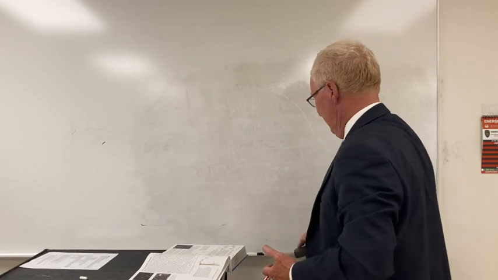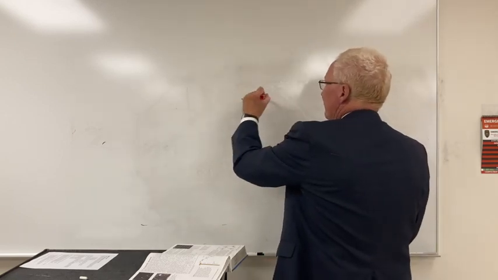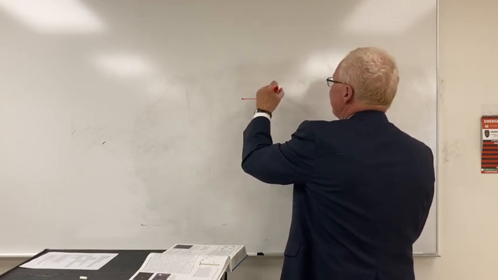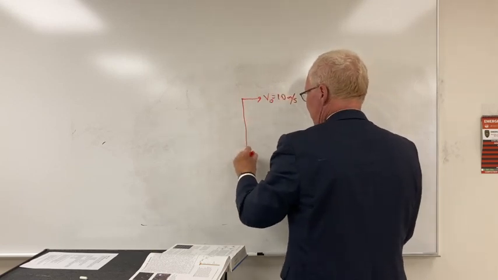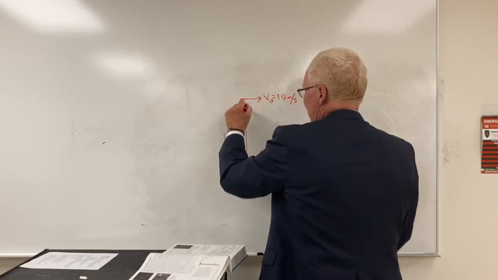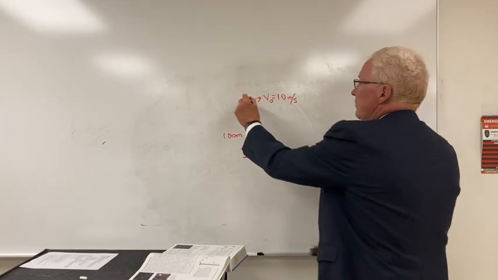All right, we have V0, say 10 meters per second, and it's at a height of, say, 100 meters. Shoot it out.